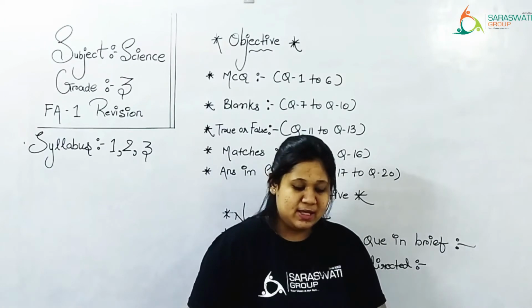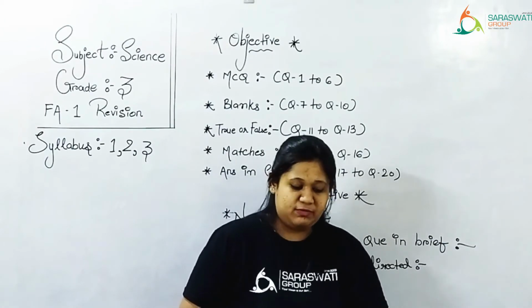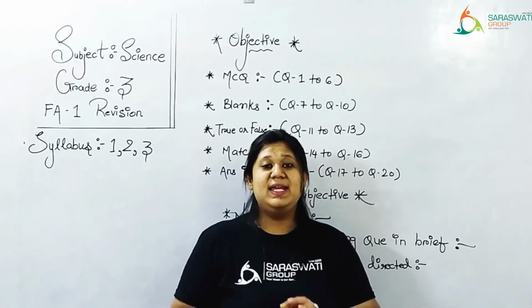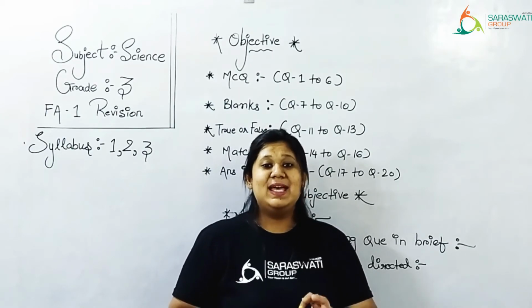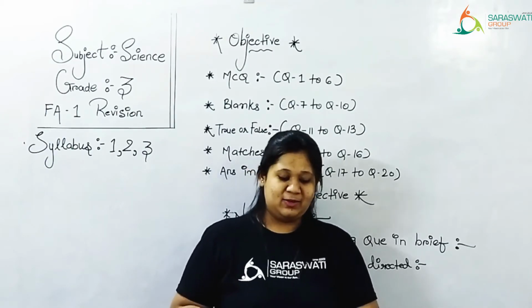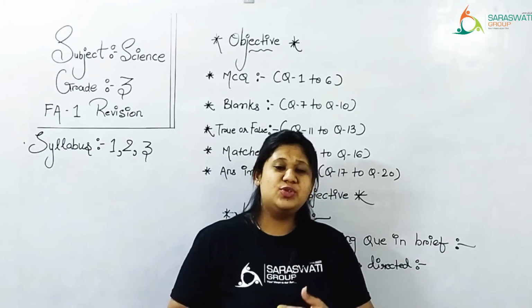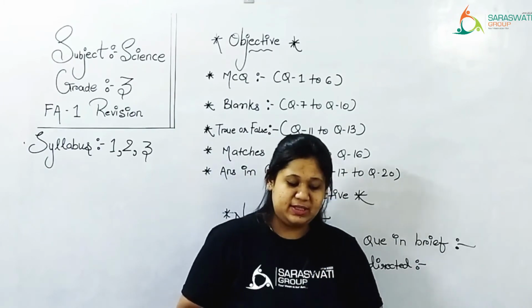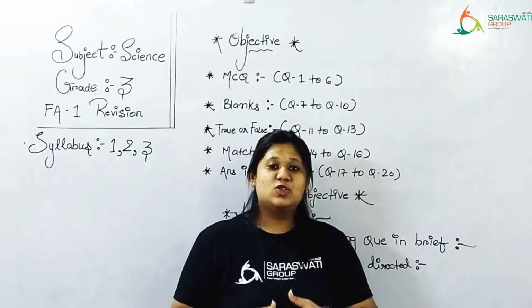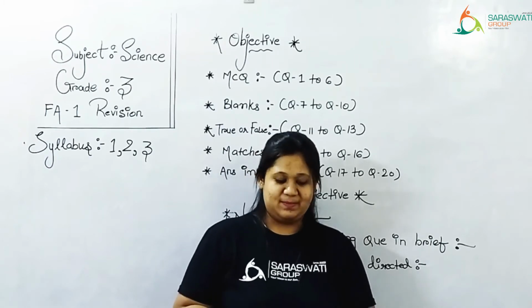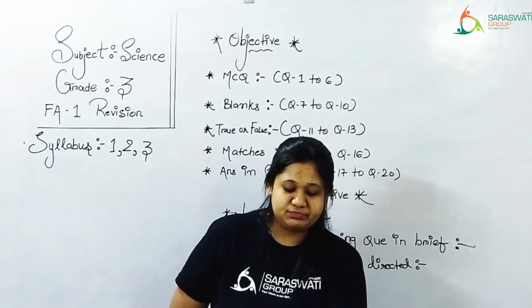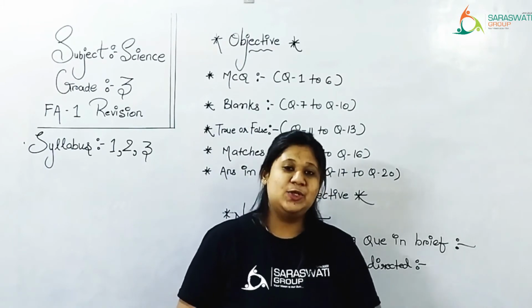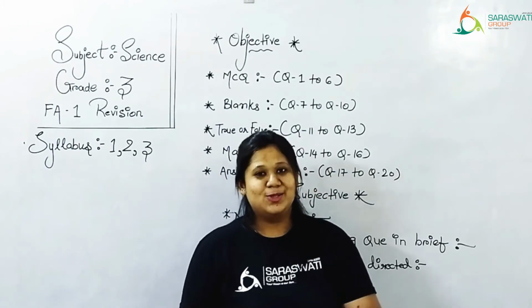Is it clear, kids? Now the lower side of a leaf has so many tiny pores, and they are called stomata, right? Through stomata, air enters the leaf, right? So this is the function of stomata. Now kids, here I have already explained the highlights of chapter number 2.